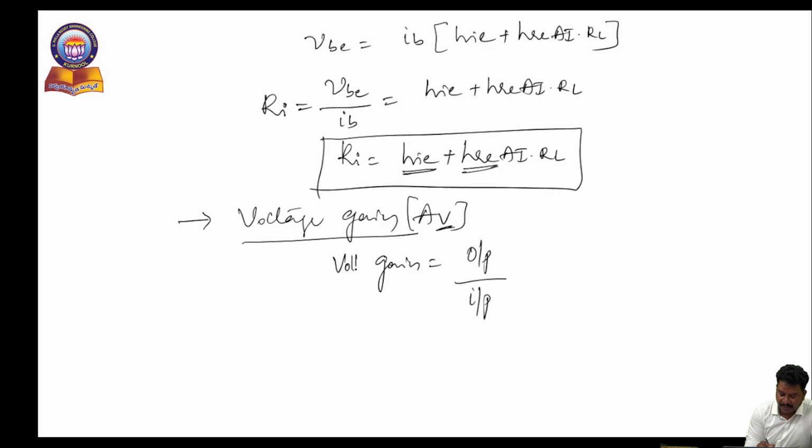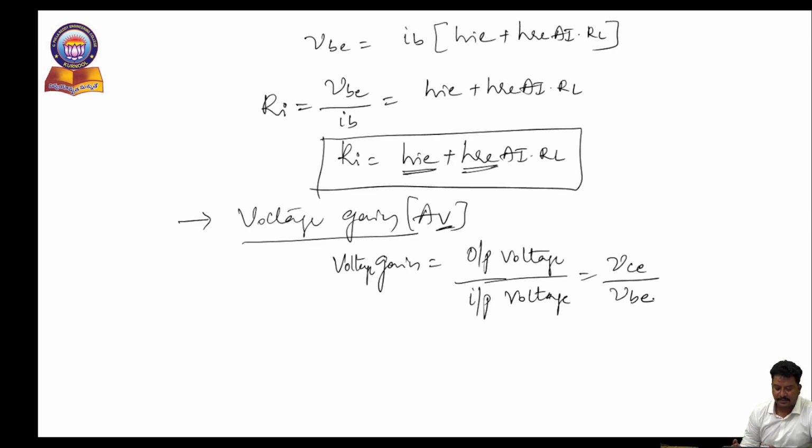So voltage gain is defined as output voltage by input voltage. From the AC equivalent model, output voltage is VCE and input voltage is VBE. The ratio of output voltage and input voltage gives the voltage gain of the amplifier.